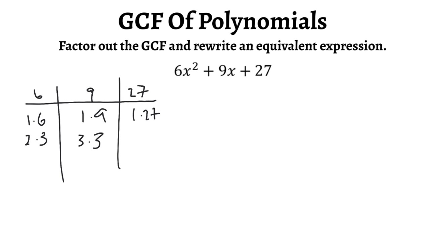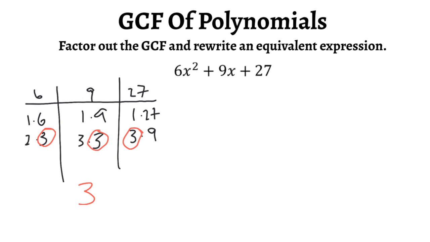I have 3 times 9, and those are my only options. Notice how out of all of these 3 columns, what is it that they all have in common? The greatest number that they all have in common is that 3. 3 is the highest number that all of the terms have in common. So 3 is the GCF of the numbers.